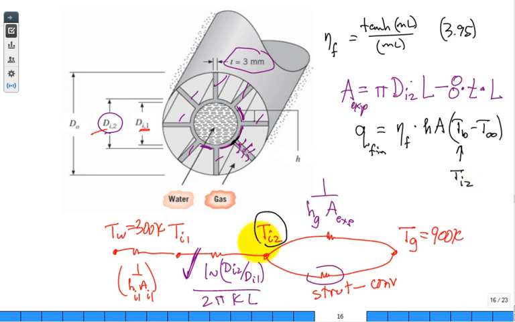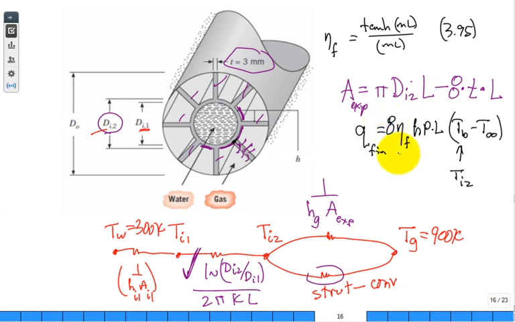It's this temperature right here, isn't it? Okay. What is my area? It's not my conduction area. Isn't this area the perimeter times length? Isn't that P times L, perimeter times length? Okay, so for each of these, and I have 8 of them, then I know the Q through the 8 struts going out.